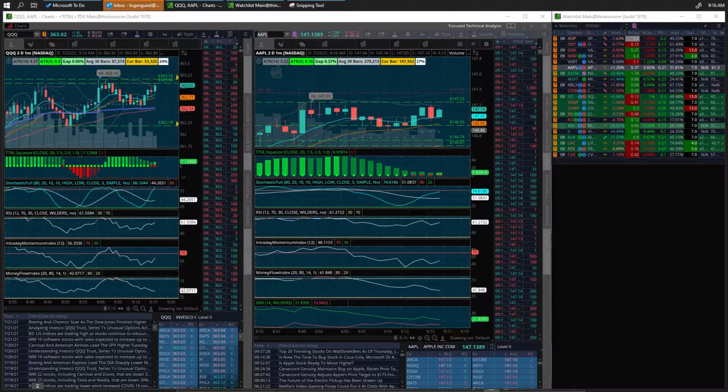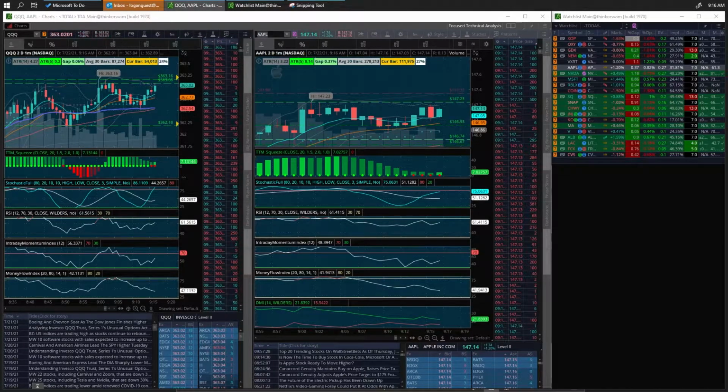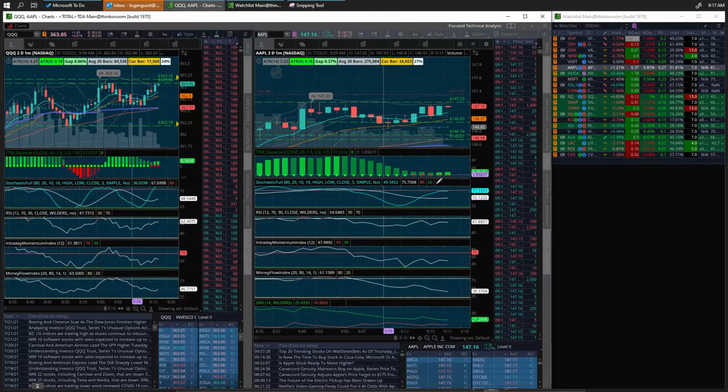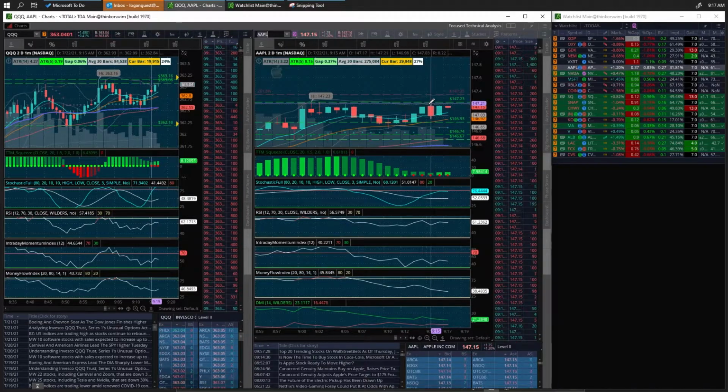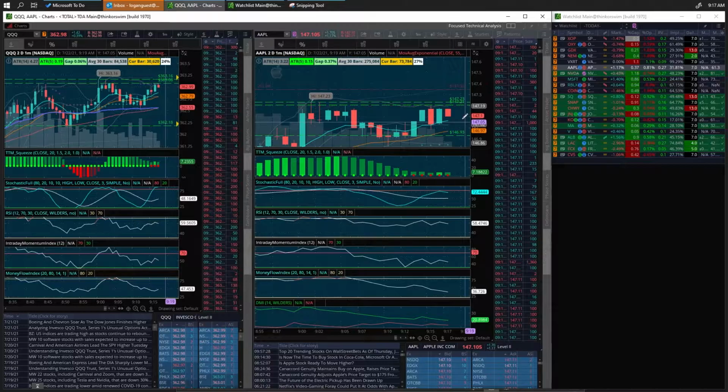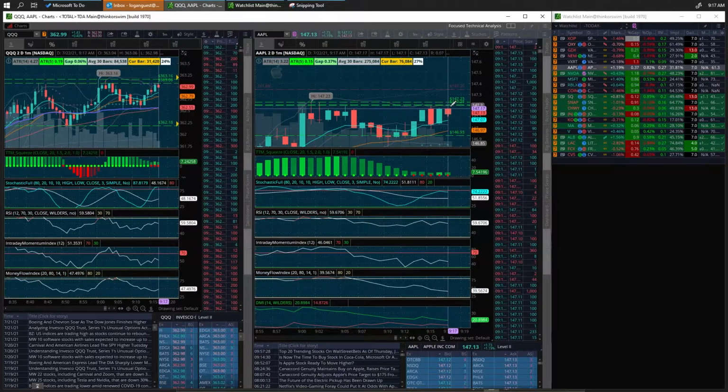Alright, so now I'm in about half the size that I was. I was able to capture about $600 on that. And so right now I am actually going to re-enter, and that might seem counterintuitive, but I am going to get in right here on this stall, this TTM squeeze, and I am waiting for that break over the recent high, and that is going to be just below, and that's pretty hard to see, but the 147.21, and that's going to be kind of our new breakout point because it's so close.